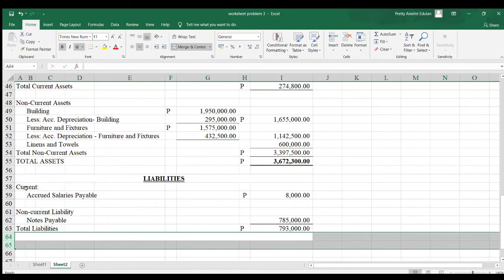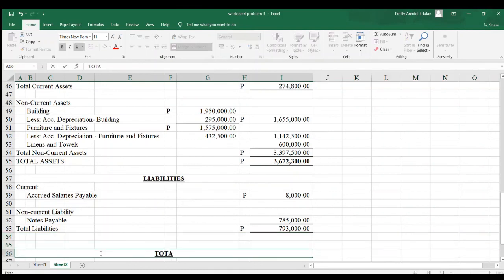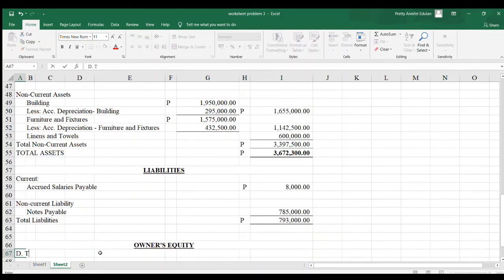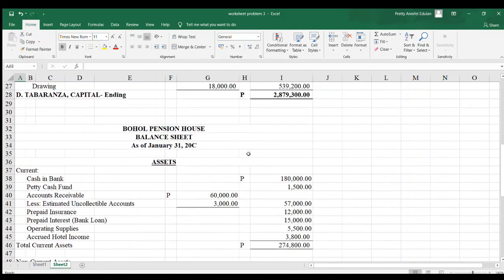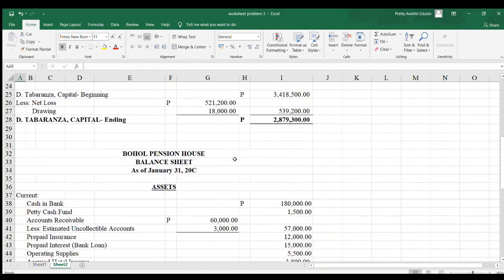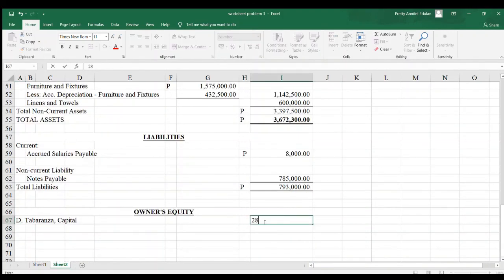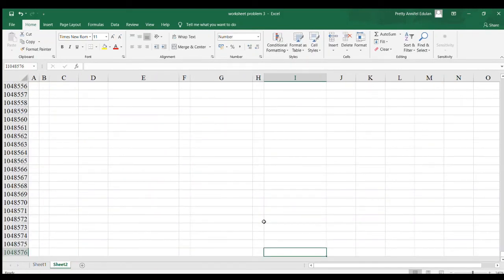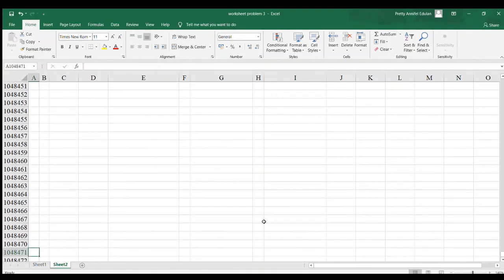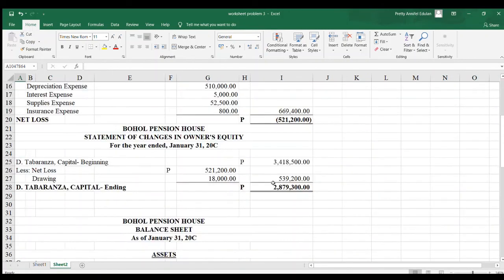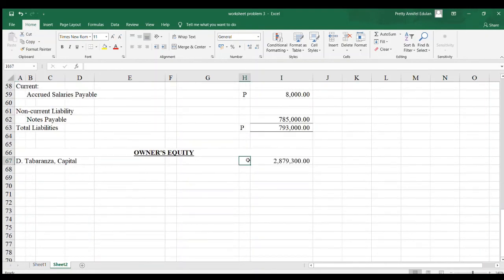And lastly, owner's equity. So we have here the Tabaranza capital. It must be total 2,879,300. Finish up. Where is it? Oh, I'm lost, just when we are about to be done. Okay, here.